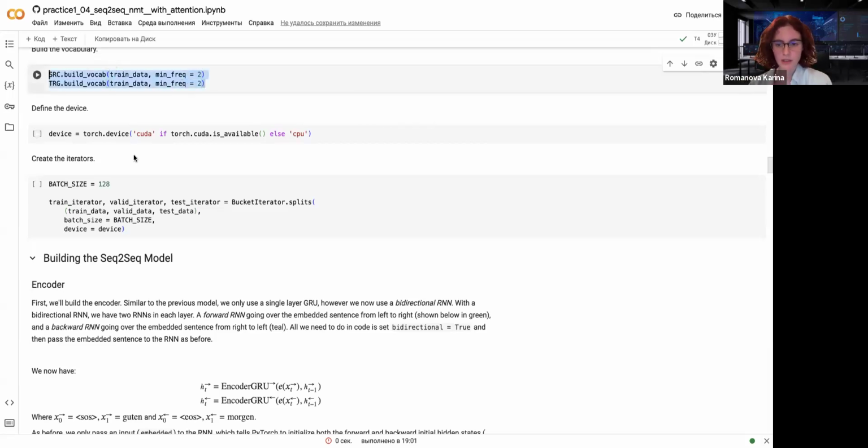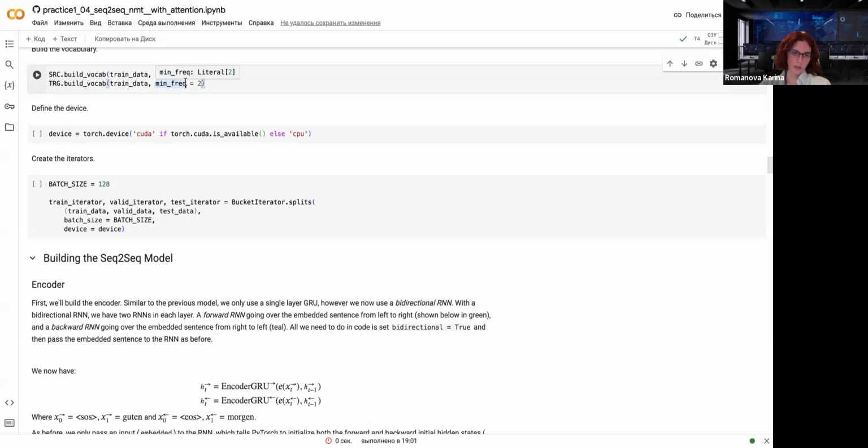Yeah, let's just move to this code part, I will explain why we need to build vocabularies. We create vocabularies for both the source language, German, and the target language, English in our case, using the training data. Words that appear less frequently than a specified threshold, here it's two, are excluded to keep the vocabulary size manageable.